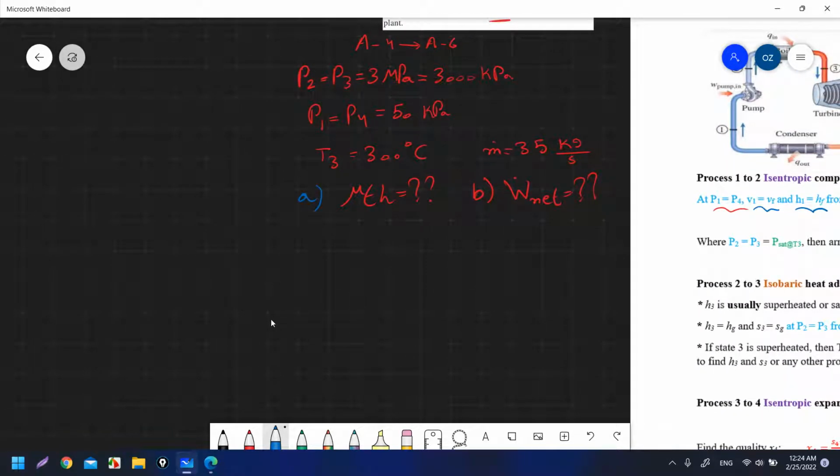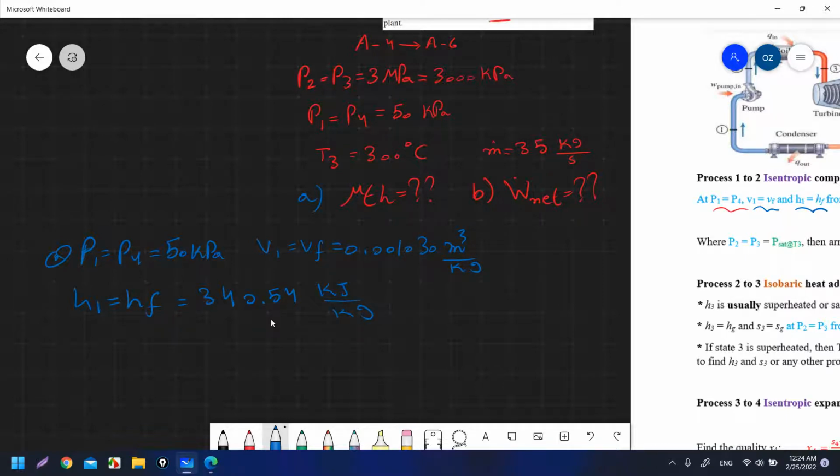Okay, so let's write. I have at P1 equal to P4, which is equal to 50 kilopascal, that V1 equal to Vf and equal to 0.001030 meter cubed per kilogram, and then H1 is equal to Hf and equal to 340.54 kilojoule per kilogram.